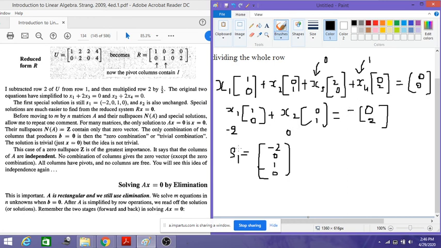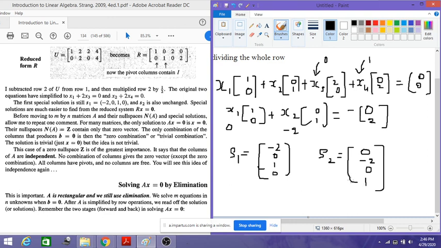To get this 0 and 2, what should be the values of x1 and x2? The value of x1 remains 0 and x2 should be -2. So now S2 is: x1 is 0, x2 is -2, x3 is 0 and x4 is 1.